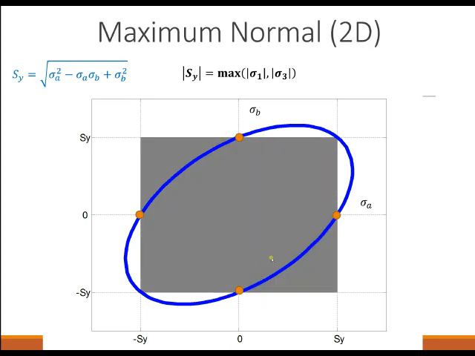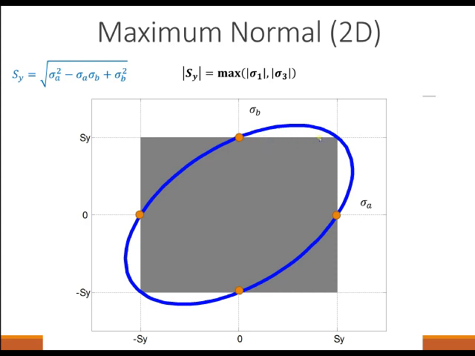The maximum normal, which we said would be valid for brittle materials, has a different criteria. It doesn't consider shear stress at all, and as such, all it does is take the maximum stress. So if it's in tension and sigma 1 is the greatest value, then for instance in this region right here, sigma A is equal to the highest principal stress, and in this region, sigma B is equal to the highest principal stress.